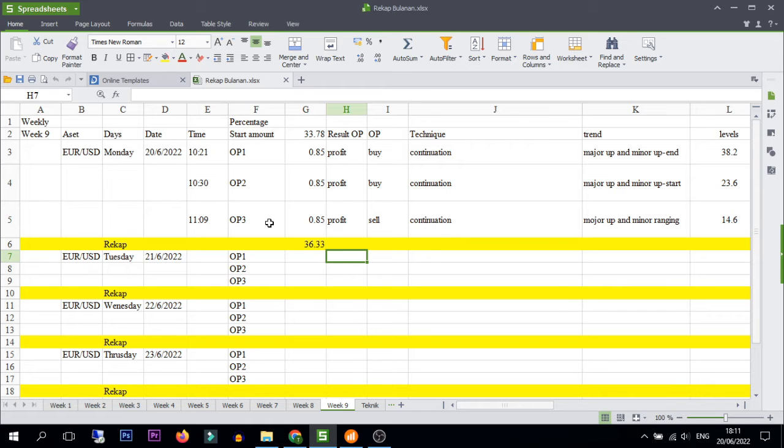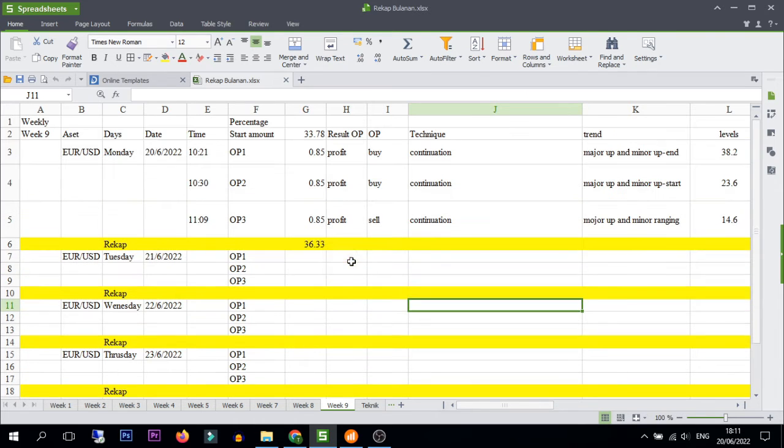I'm flexible with my schedule. For me the time doesn't matter. What matters is how I do the trade and what kind of trade I do.